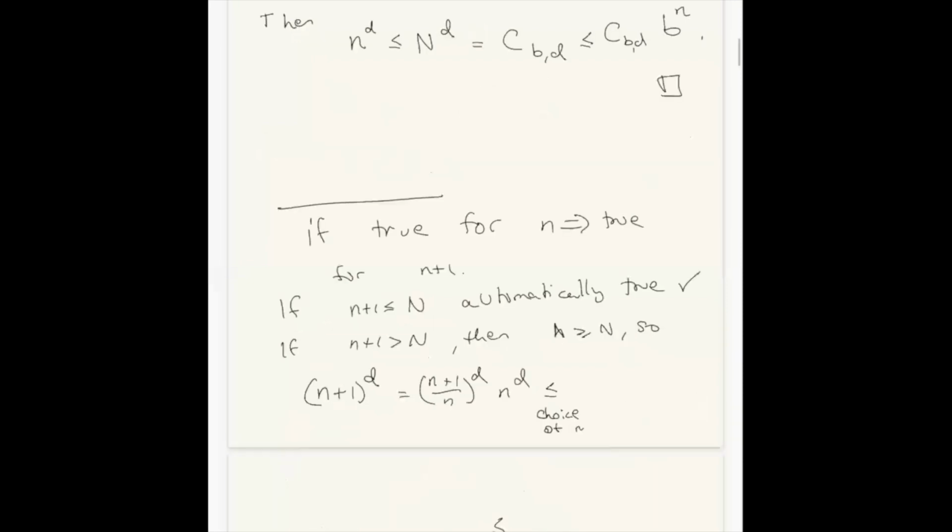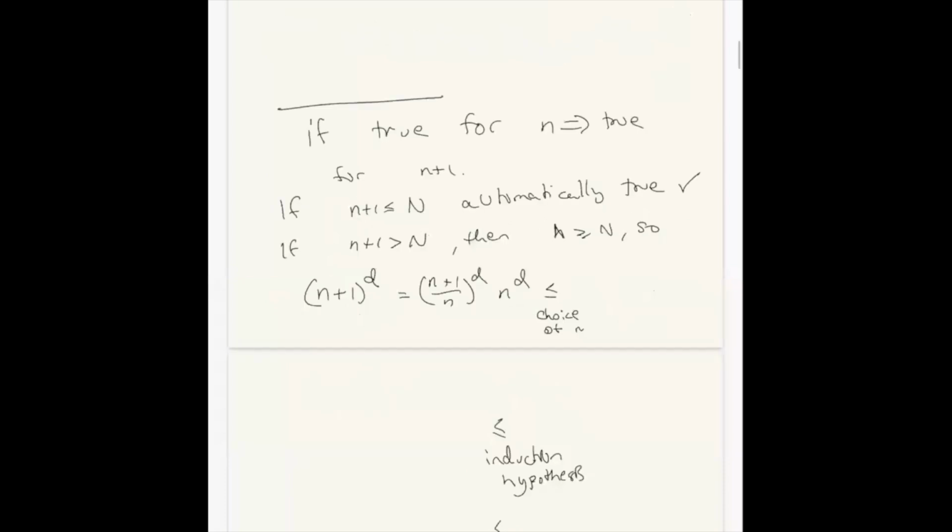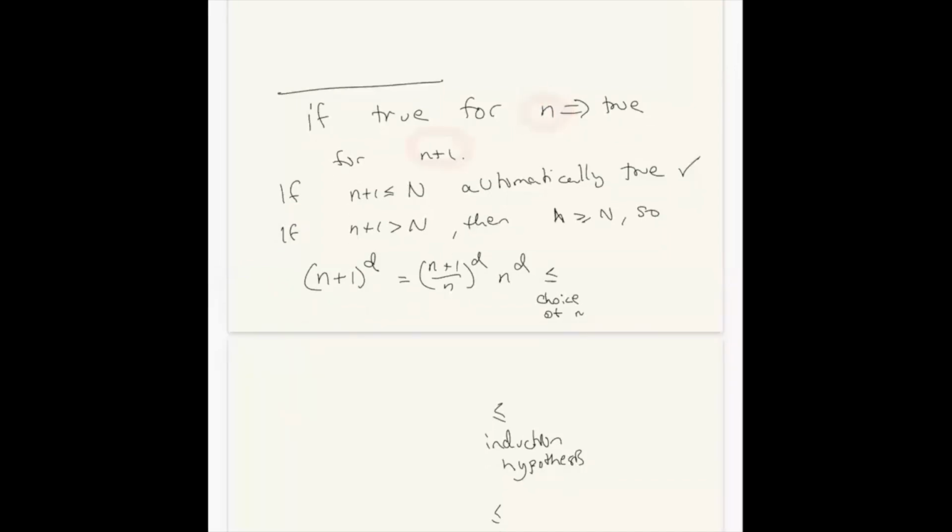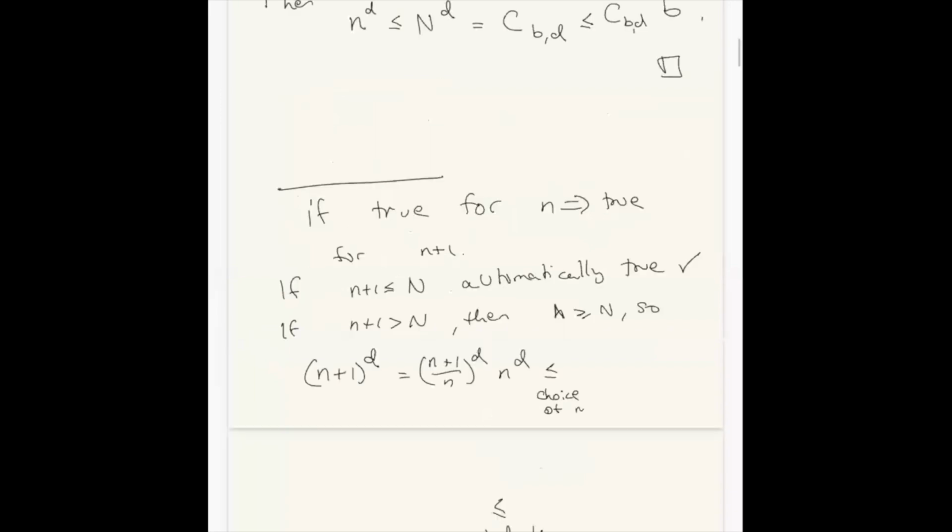Okay, what about going from n to n + 1? Well, if n + 1 is less than or equal to N, it's automatically true, because we just said that the case was true for all indices up to N. So the conclusion of this implication is true, and there's nothing to check.